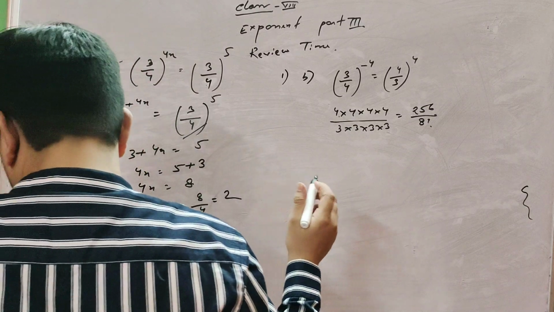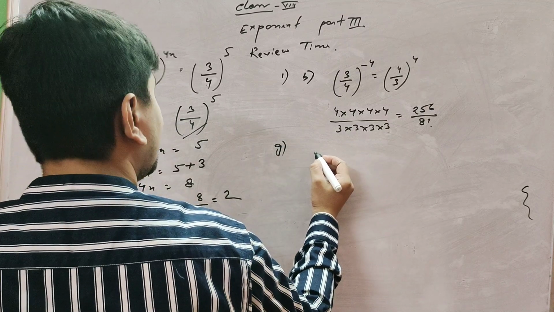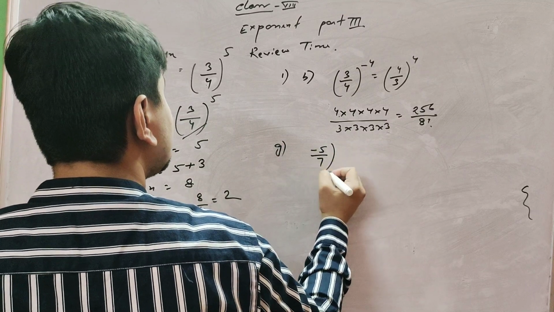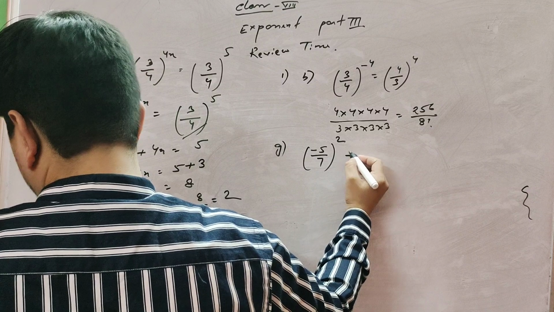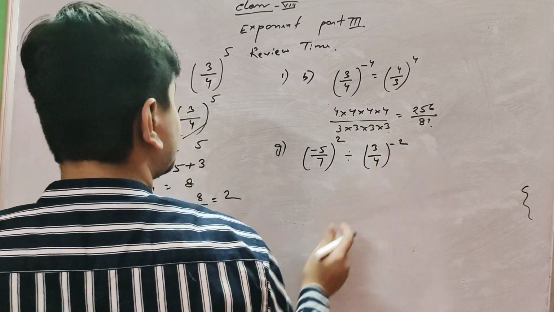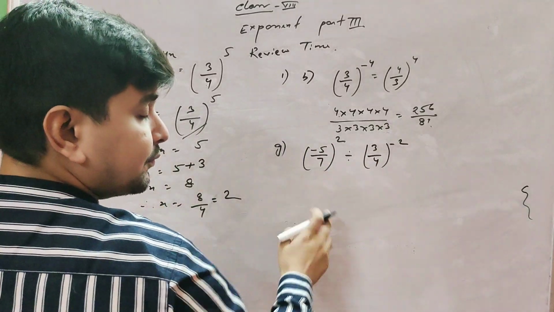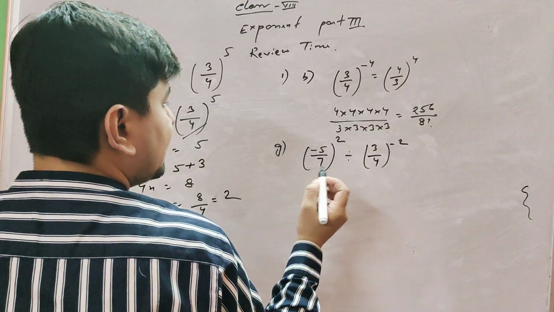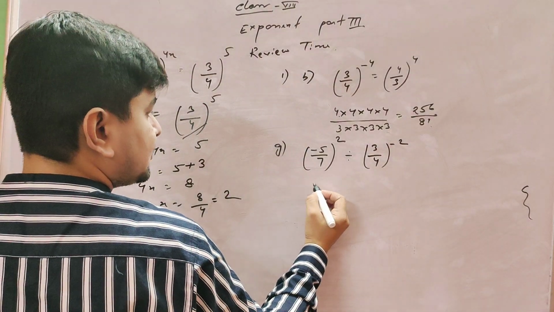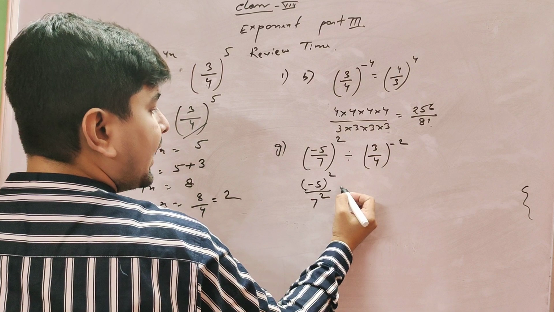Okay, check out the new concept. It's question number g, (-5/7) to the whole square divided by (3/4) to the power minus 2. You see, first of all, both are different from each other, that means the bases are not the same. So when we open it, first of all, minus 5 square by 7 square, and here divide.